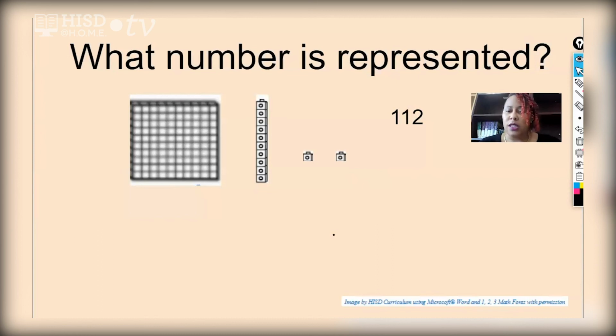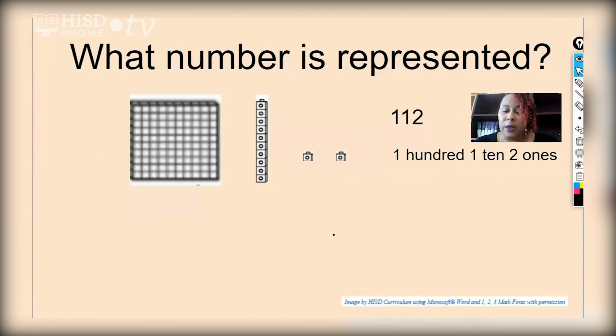How many hundreds, tens, and ones did it take to make 112? 100, 10, and 2 ones.